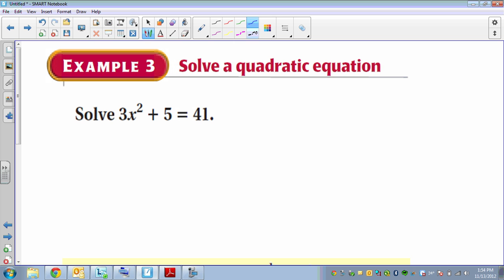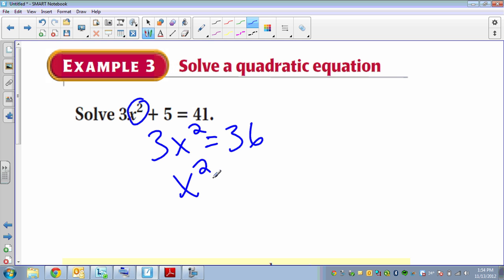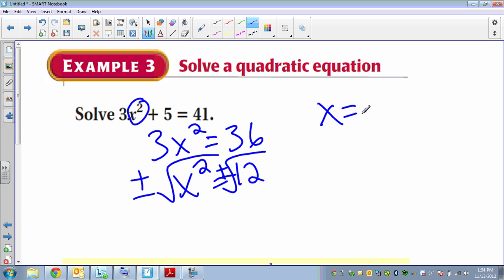Next thing, solving quadratic equations. So this is really easy. You just got to get the squared by itself. So we subtract 5. Get 36, divide by 3, and we get 12. Now, when we do the square root, we got to think back to what I said at the beginning. We got to do that plus or minus thing. So our real answer looks like this.